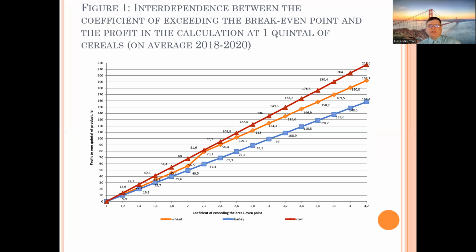We note a considerable increase in profit per quintal of product depending on the increase in the coefficient of exceeding the break-even point. The presence of the direct link between the increase in this coefficient and the change in the profit per unit of product is also confirmed by the calculations made on sunflower seeds.